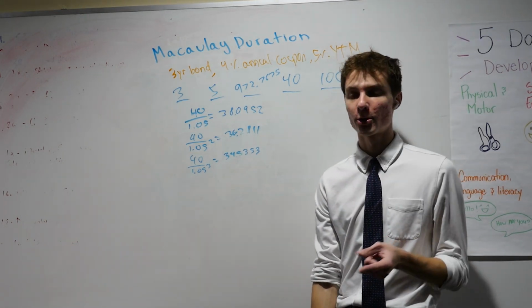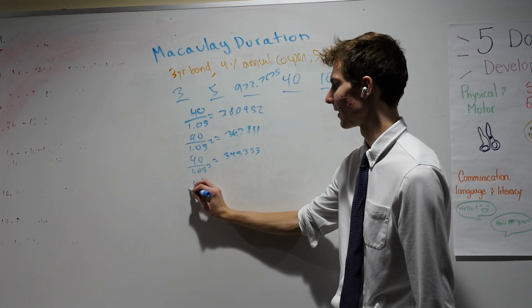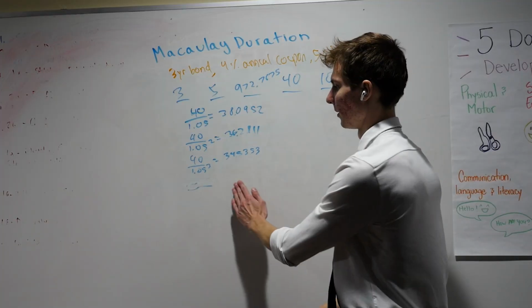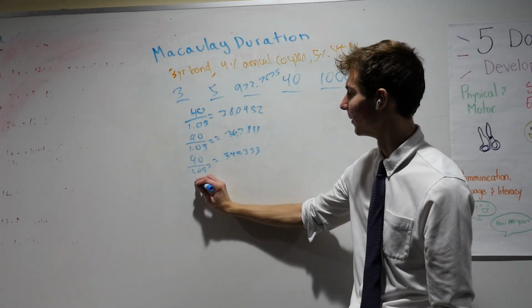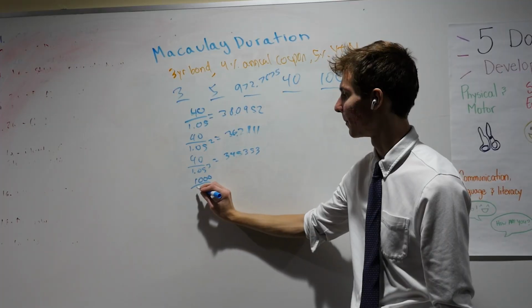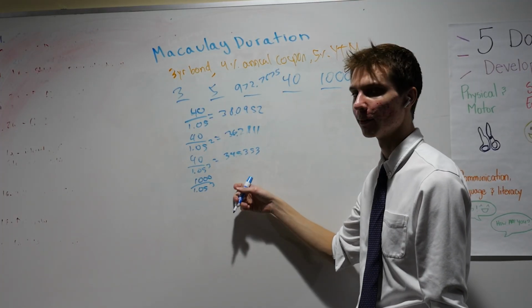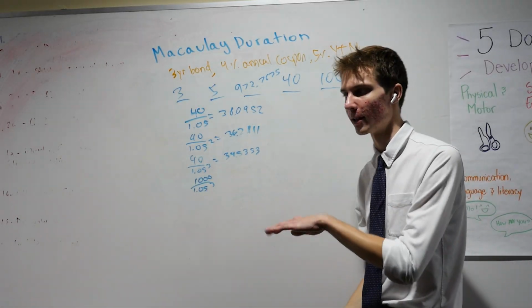Now to solve for the maturity, there's no other way to do it, at least I think so. But you do 1,000. There's actually a different way to do it. It's just easier this way. 1,000 divided by 1.05 to the third power. Don't forget, it's still the third power, it's not the fourth power, because it's a 3-year bond, and you get the maturity at the end of the 3 years.